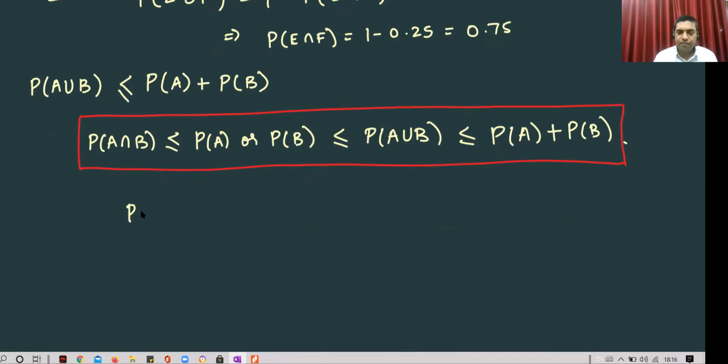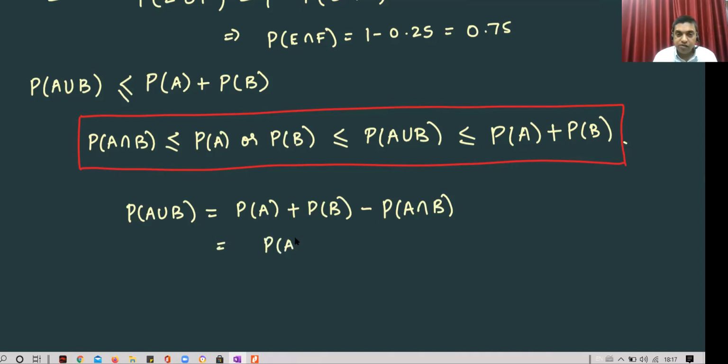Now P of A union B is P of A plus P of B minus P of A intersection B. So now this is P of A plus P of B minus 0.75. So I have to use the events E and F.